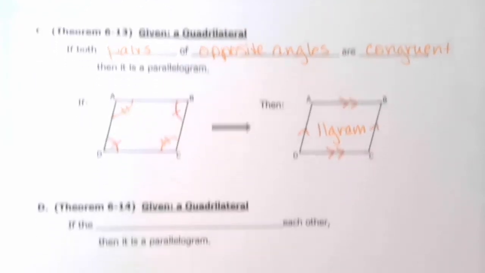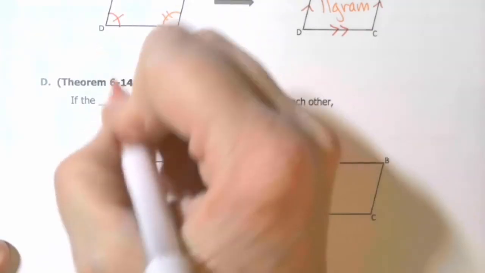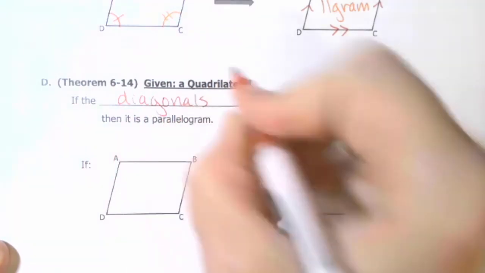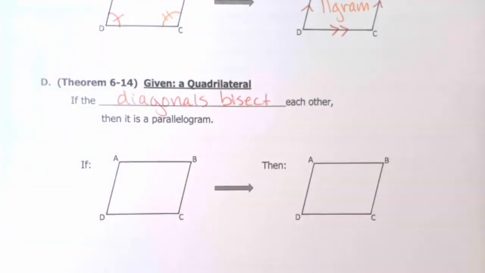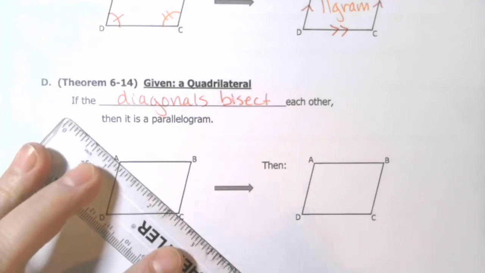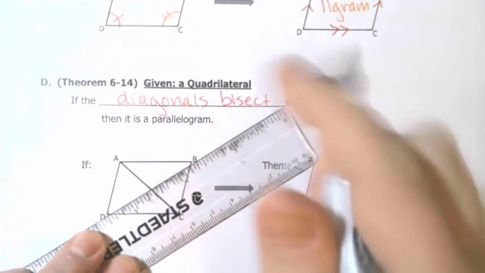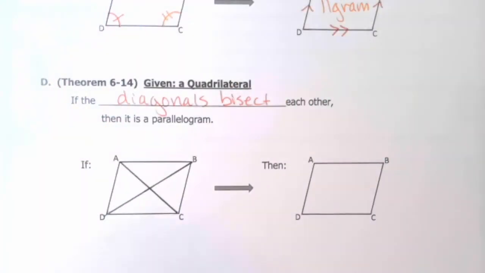Okay, D. Theorem 6.14, given a quadrilateral, if the diagonals bisect each other, then it is a parallelogram. So this one's kind of interesting because it doesn't matter that the diagonals are different lengths. So let's draw a diagonal from AC and DB. So you've got your diagonals.